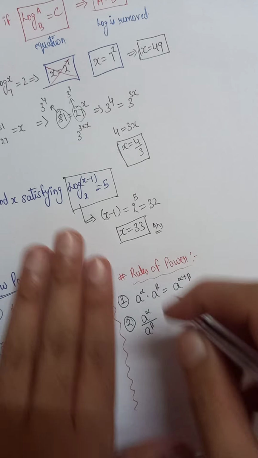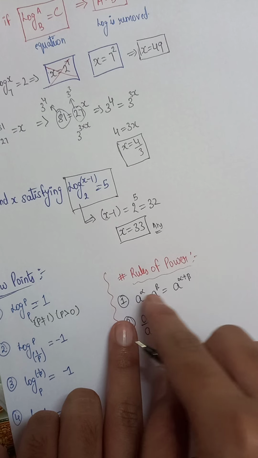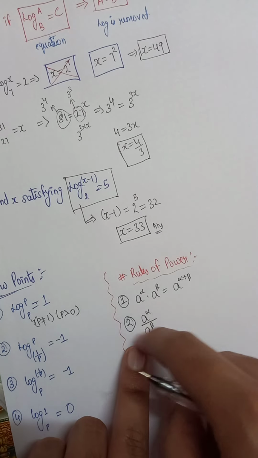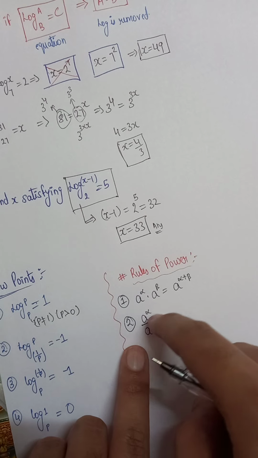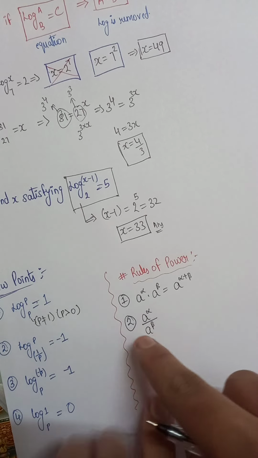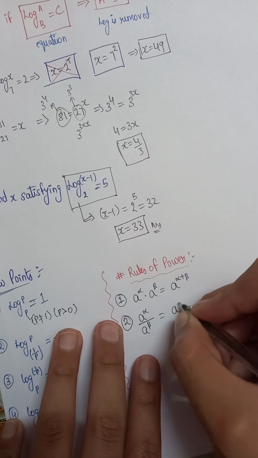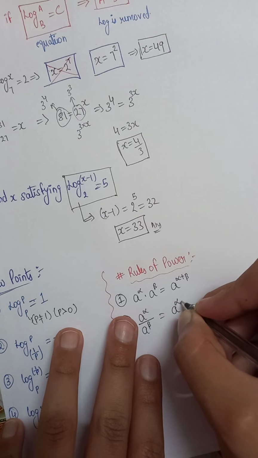Okay, next point, second, a power alpha upon a power beta. So in the earlier case, when bases are equal and they are in multiplication, you add the powers. Here, when both bases are equal, but they are in division, you need to subtract the powers.